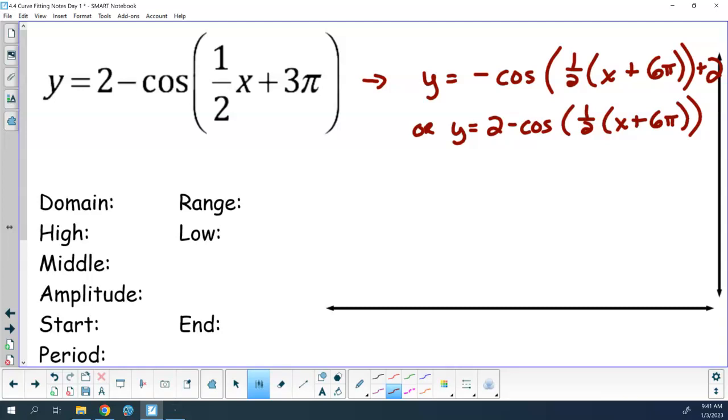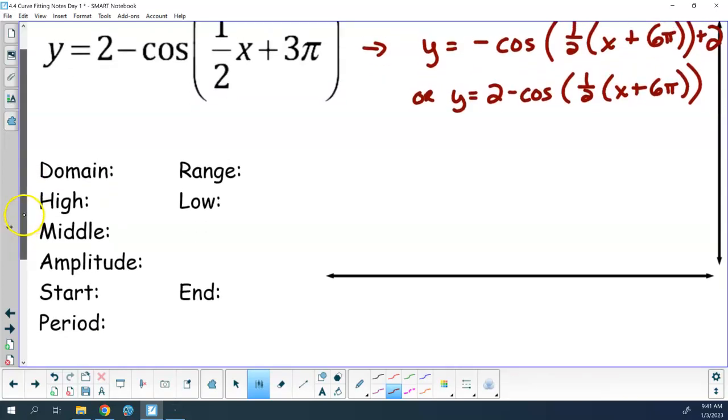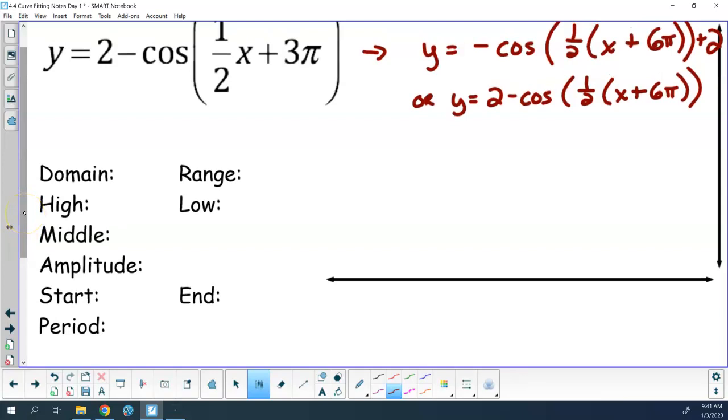So based off of that, my domain is all real numbers. My middle is at 2. My amplitude is 1, which means my high then becomes 3. My low becomes 1. Puts my range from 1 to 3.